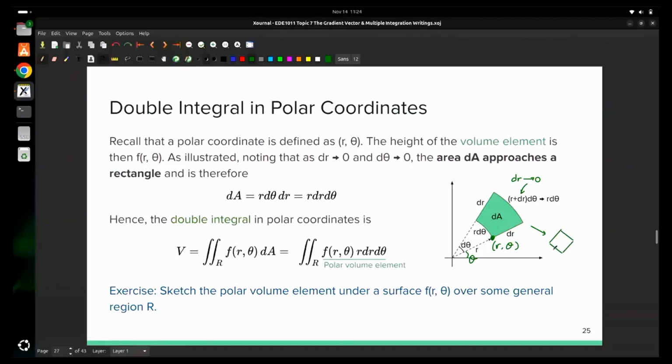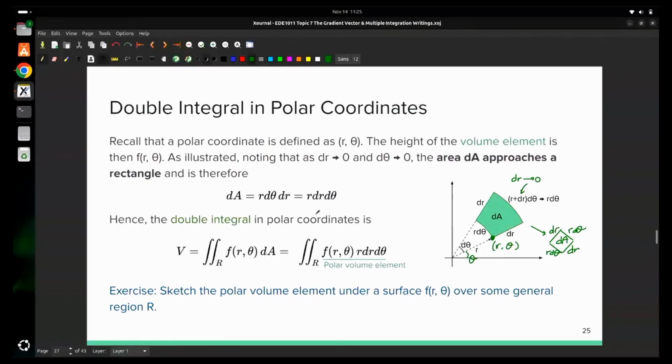Correct or not? Because you can see this edge is r d theta, the length. Then the upper edge here is also approaching r d theta. Then the two sides are dr. So therefore this area dA must be length times breadth, r d theta times dr.